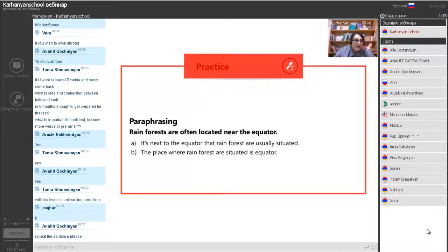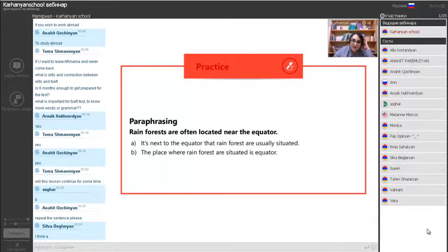Okay, Anahid, it is written, but I can repeat. Rainforests are often located near the equator. It's next to the equator that rainforests are usually situated. The place where rainforests are situated is equator. Okay, is it clear now?